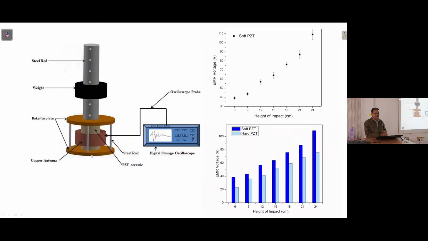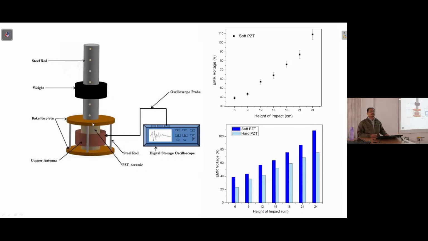Bakelite plates, so that we have insulation, because, like you might know, when you have a material like this, which is ferroelectric or piezoelectric, and you apply some load, then some charge will get accumulated on the primary surfaces, top and bottom.